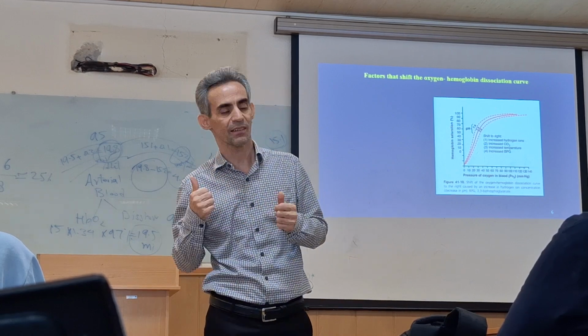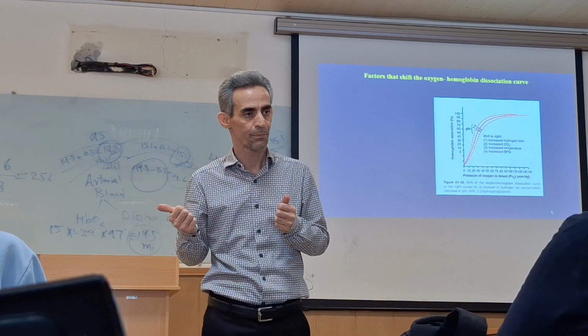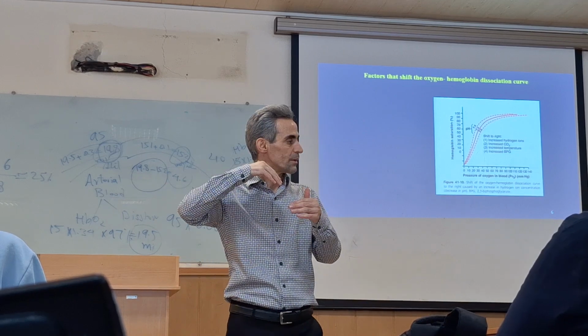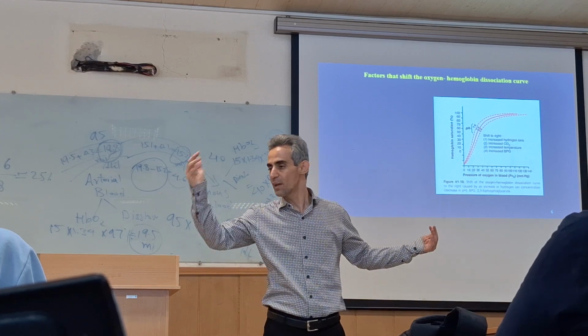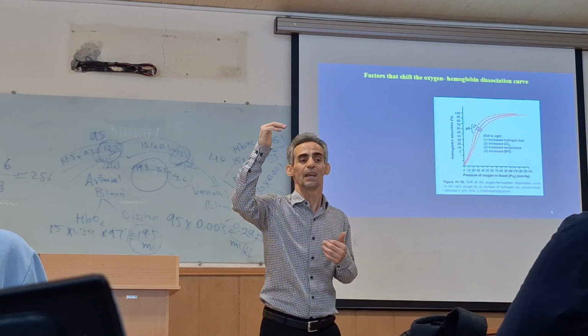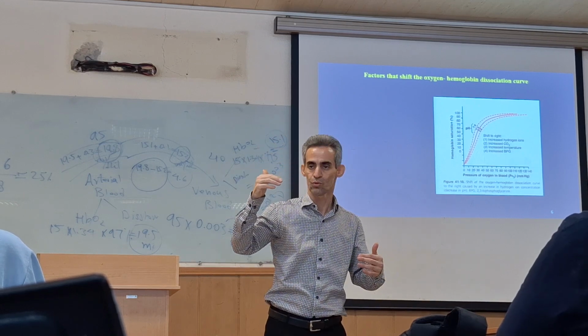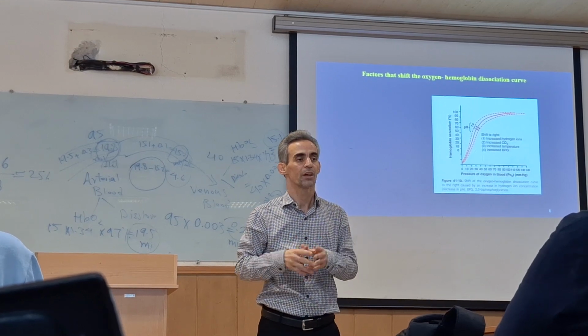And here we say that we have right shift or shift to right. So on the two sides, we can see the right shift and left shift. At the level of the lung, we have left shift. At the level of the tissue, the location for oxygen usage by the cells, we have right shift.